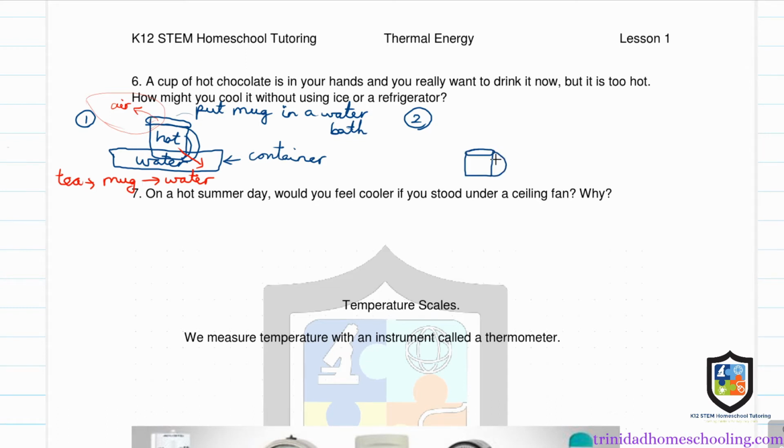The second way to cool down hot tea is by using 2 cups. My original cup here with my hot tea, and I have an empty cup here. And what I will do is pour the tea into this cup and then pour it back into this cup. Back and forth. Back and forth. We're going to pour the tea back and forth between these 2 cups.